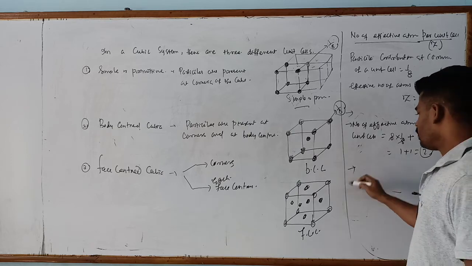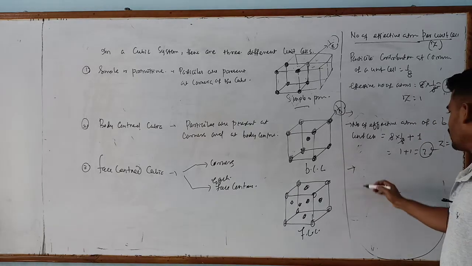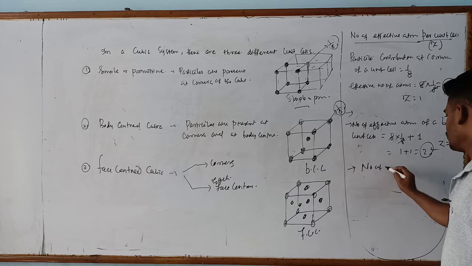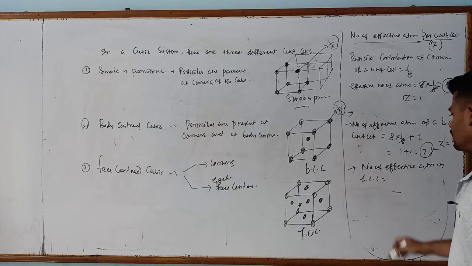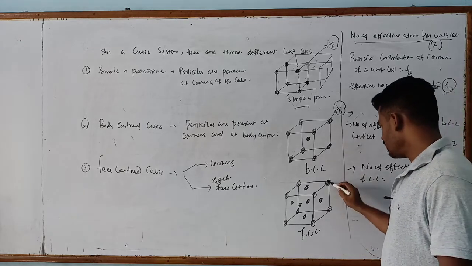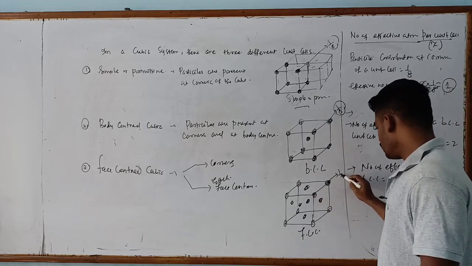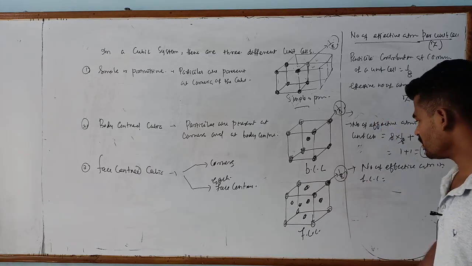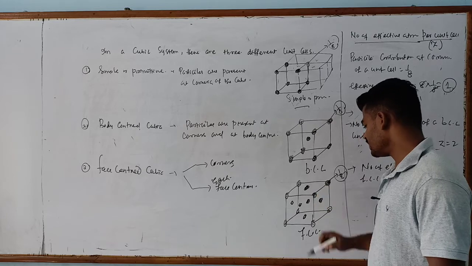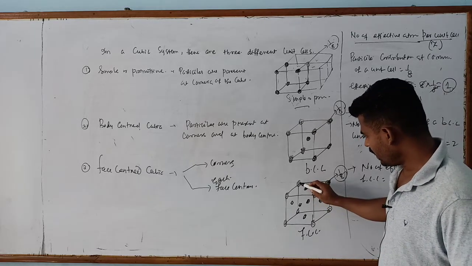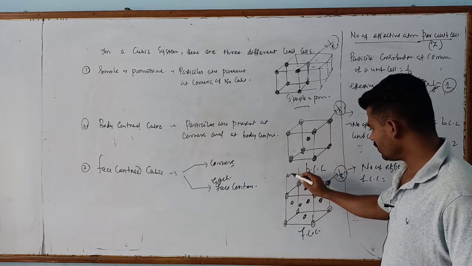Now the number of effective atoms in FCC. In case of FCC, you see the particle present at a corner contributes 1 by 8. And the particle present at the face center is shared by another unit cell also present over it.